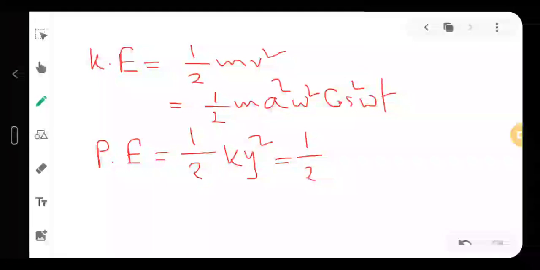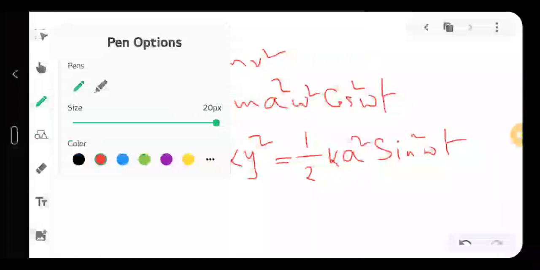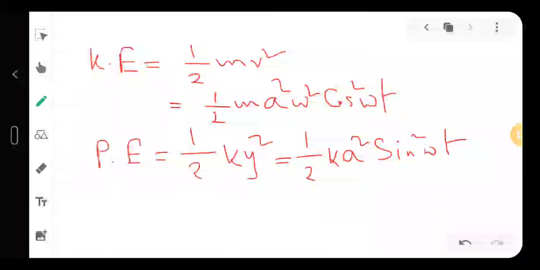So that will be half k, and instead of y we write a square sine square omega t. Now we are going to use our formula, that is omega square is k by m.